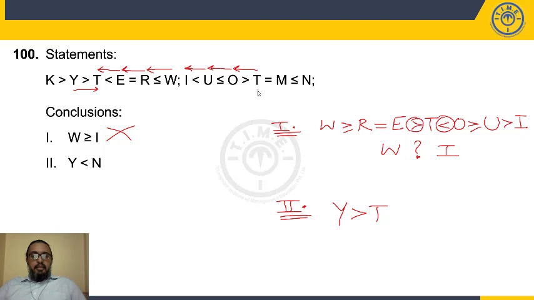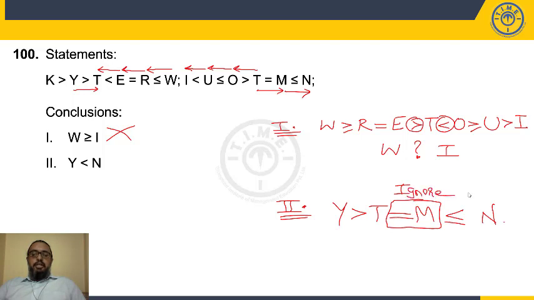Now from t, you can again move in the forward direction to m. So when you are moving in the forward direction, the inequality stays the same, equal to m. Now again from m, you go to n. m is less than or equals n. Now equal to sign, as usual, we ignore. Whenever it is given individually, we ignore. And then for the remaining, you have opposite inequalities.